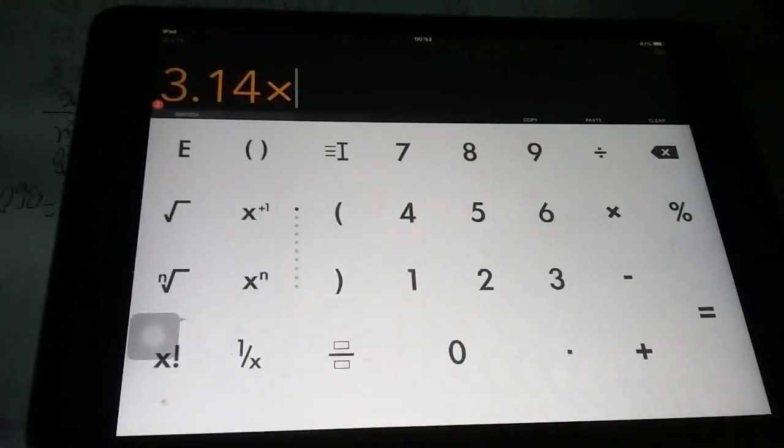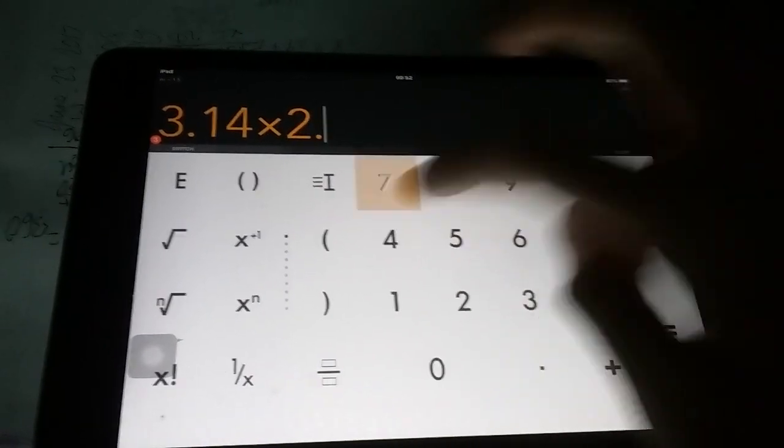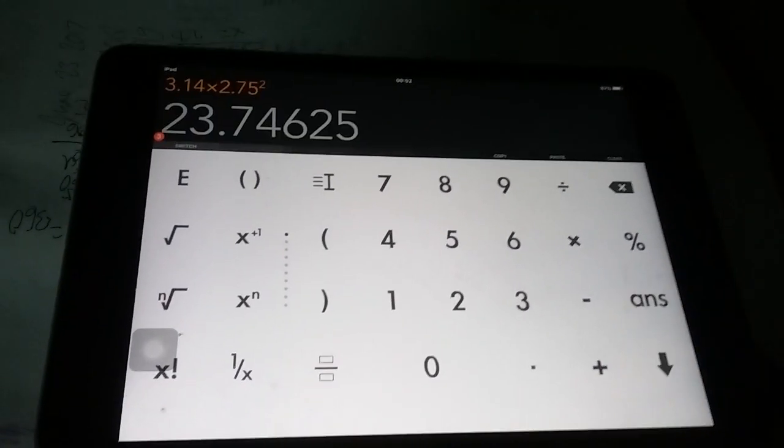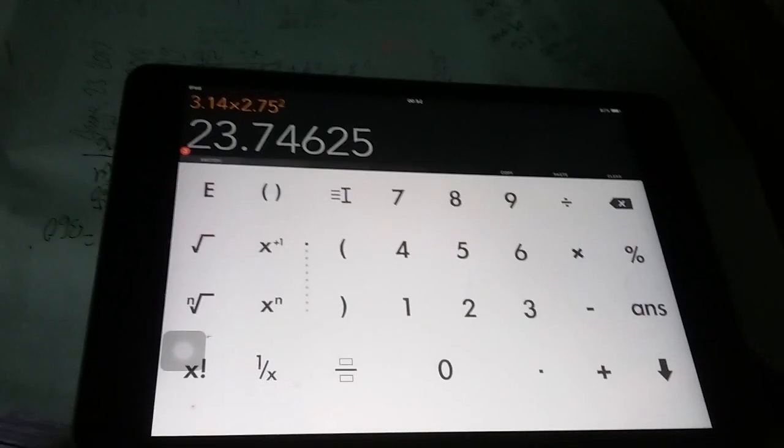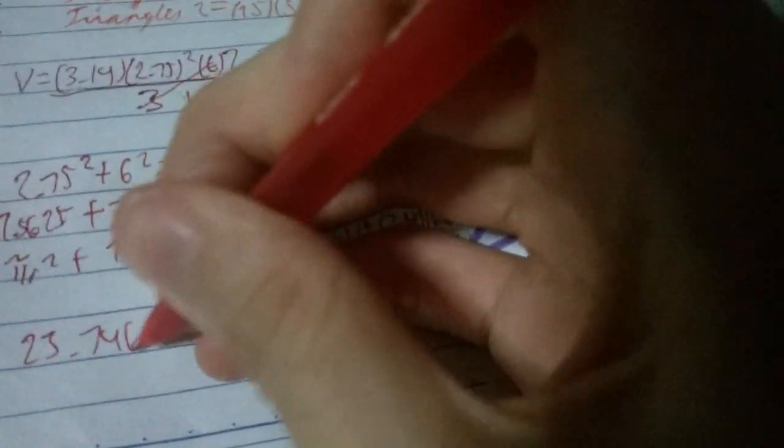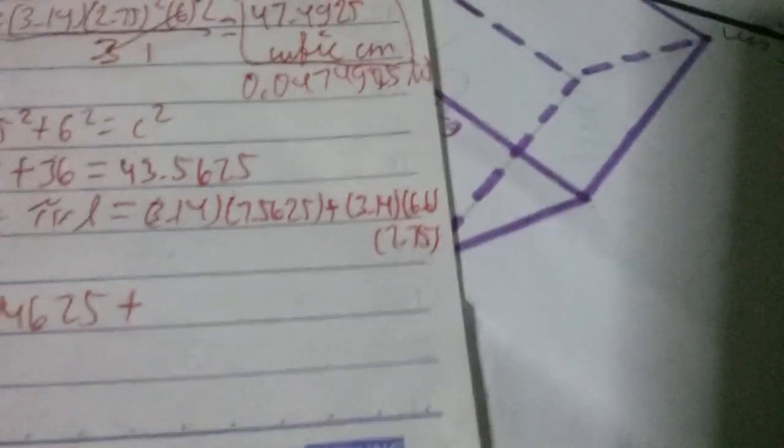Okay? Let's work this out together. So 3.14 times, remember that's the area of one circle. The area of one circle is this, diba? 2.75 squared. That'll be 23.74625. 23.74625 plus this one, diba?